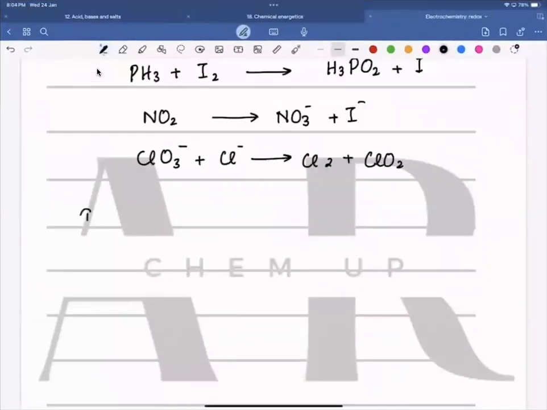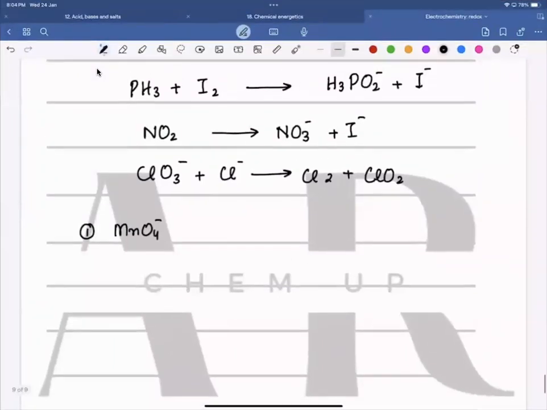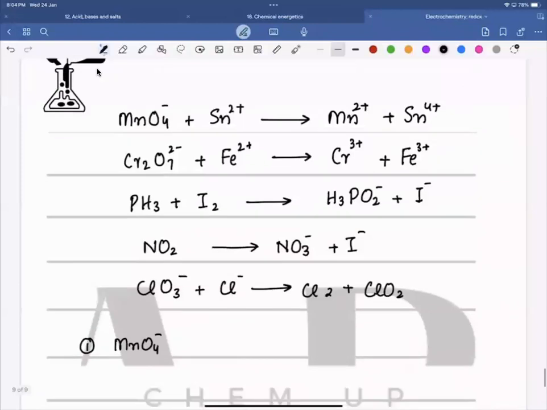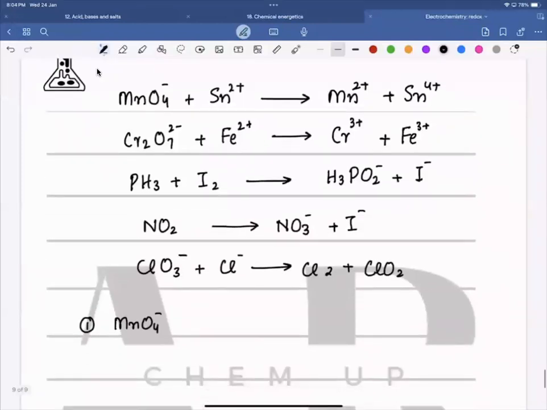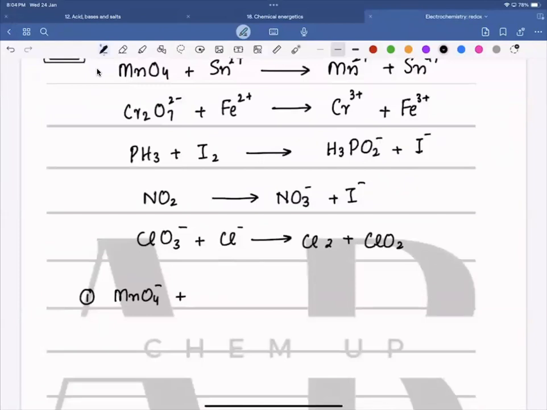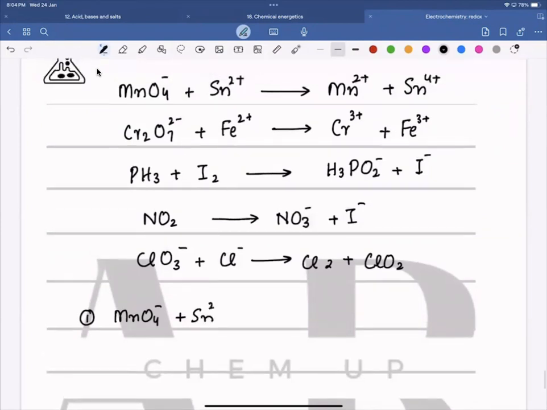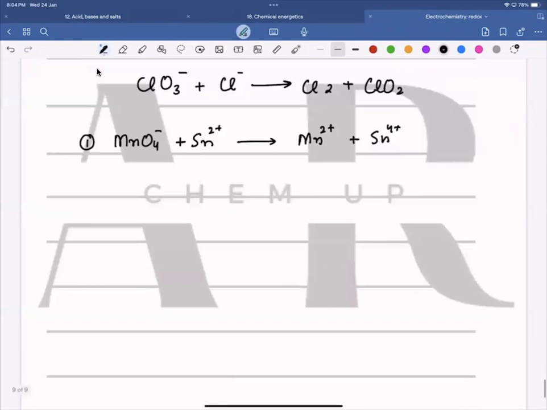In this first equation, MnO4 negative and Sn2 positive are reacting with each other, forming Mn2 positive and Sn4 positive. So what was the first thing that we had to do? Just look at the steps and tell me.